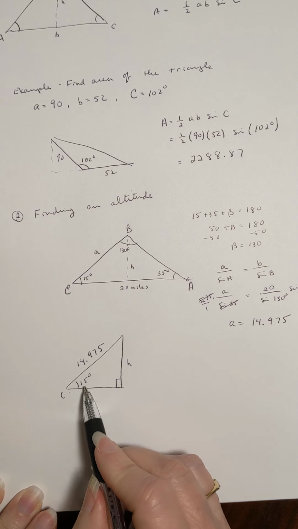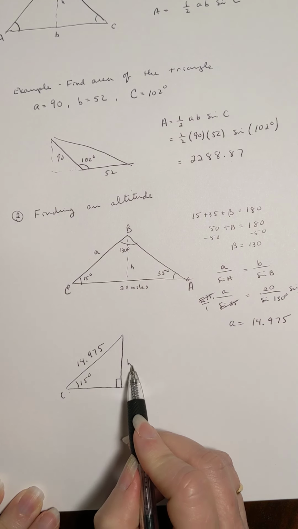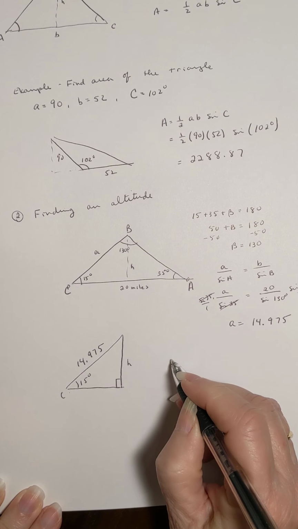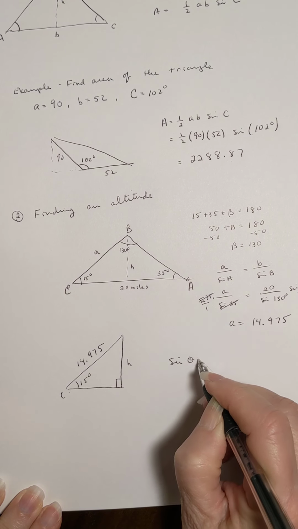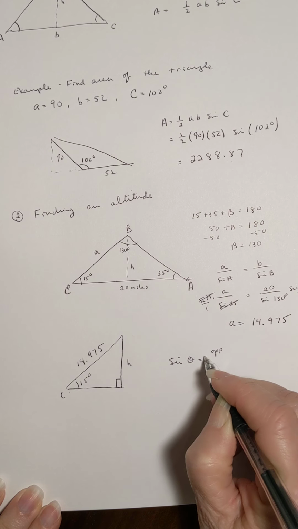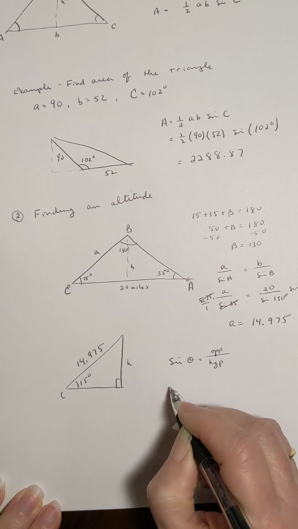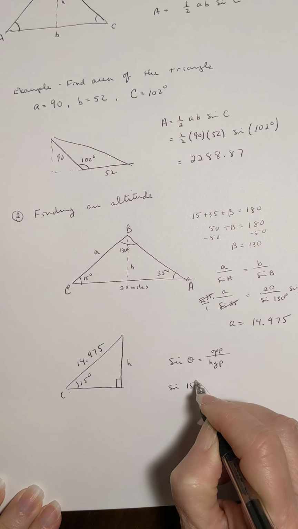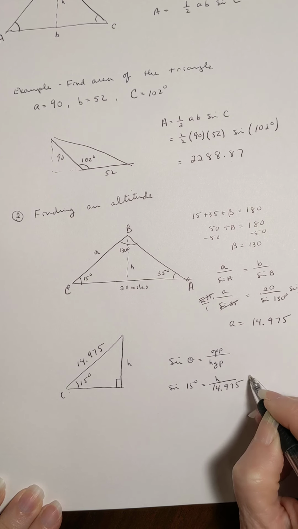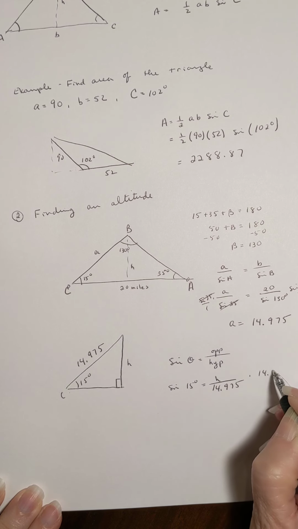Now I'm looking for the opposite, and I know the hypotenuse. So that would be the sine of theta is equal to the opposite over the hypotenuse. So the sine of 15 degrees is equal to h over 14.975. Then multiply both sides by 14.975 over 1.